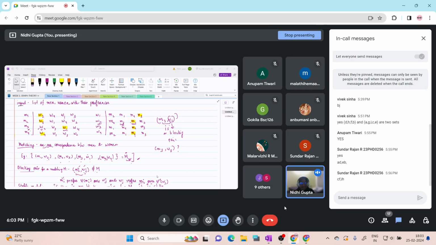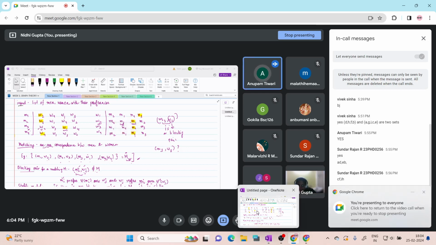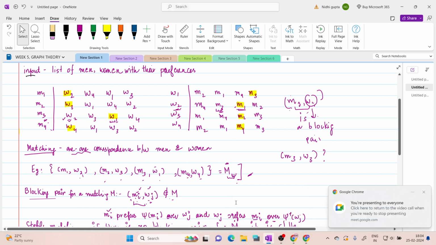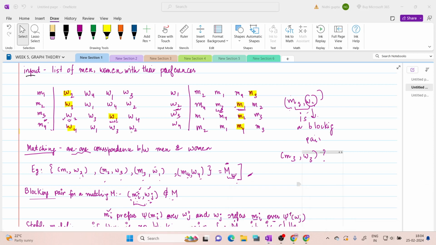We are just understanding the definition of a blocking pair. In this example, is M3 W3 a blocking pair? If we say M3's first choice is W2, so definitely it is... Man's preference list, W2 is the first preference, yes, but the definition of a blocking pair is not that.